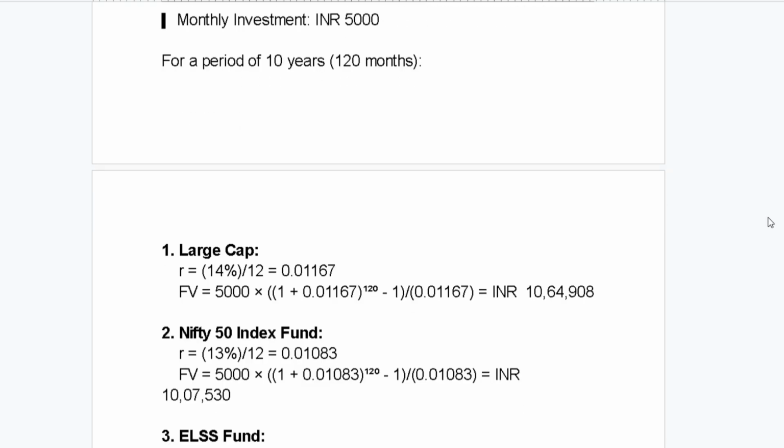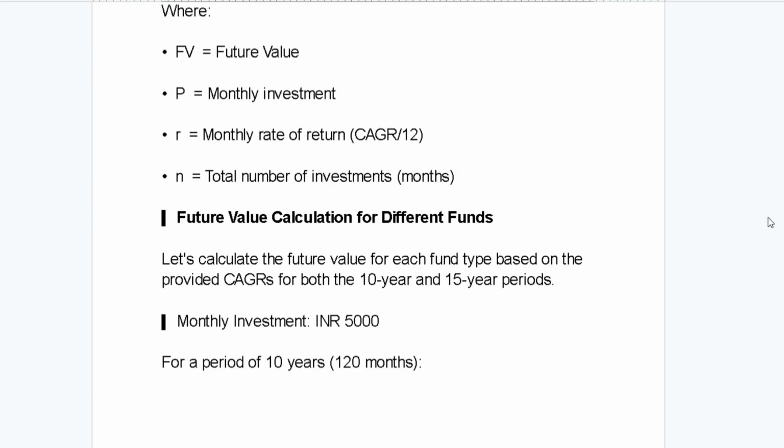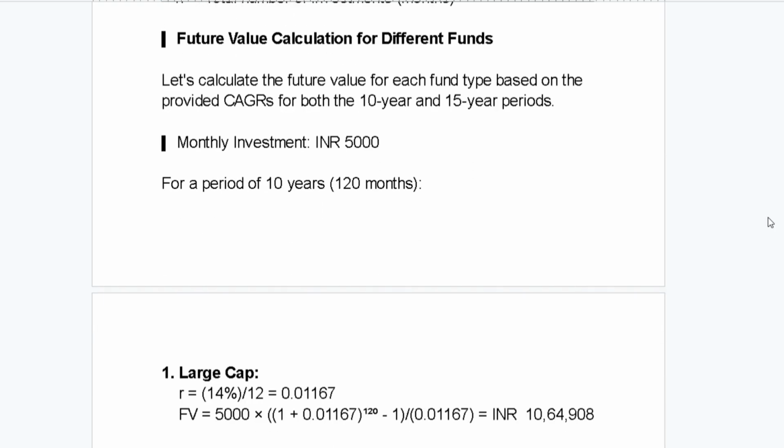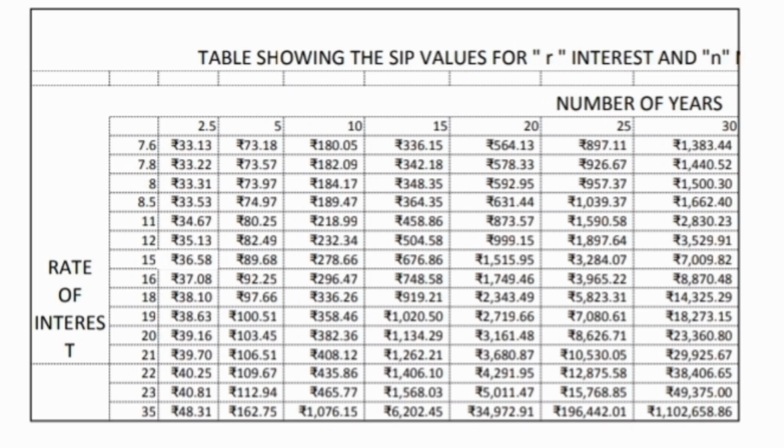For large cap, Nifty, and ELSS, we can also calculate the future value with the use of the SIP table, and that is way easier than this. You have to carry your SIP table, and we can calculate the future value using it. Now let's see how to calculate it from the SIP table. The number of years we have is 10 years, and the rate we are taking is 12.